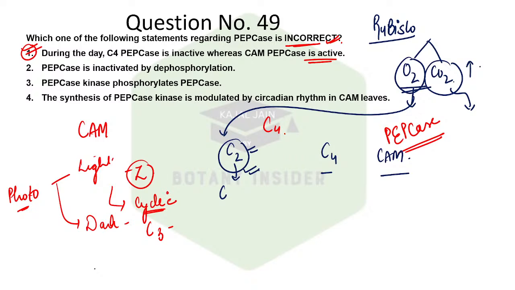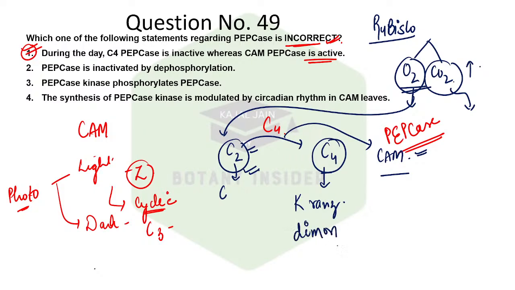Okay, I'm not going into the depth of the topic, just giving you the entire interlinking. So for avoiding this C2 cycle, you have the C4 pathway and the CAM pathway. In the C4 pathway the complete same thing will be there, the only difference is the change in the positioning of your Rubisco, so that the Rubisco has a higher concentration of carbon dioxide, which is via Kranz anatomy and via dimorphic chloroplasts, right?